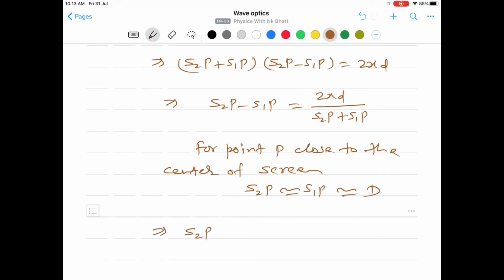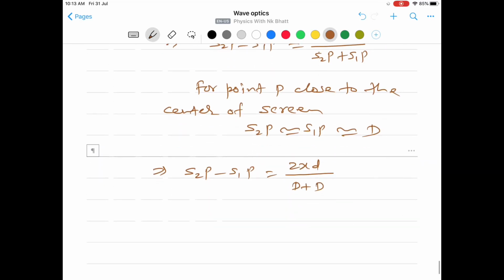Then S2P minus S1P is equal to 2xd upon (D plus D). So you would have S2P minus S1P is equal to 2xd upon 2D. 2 would be cancelled here.